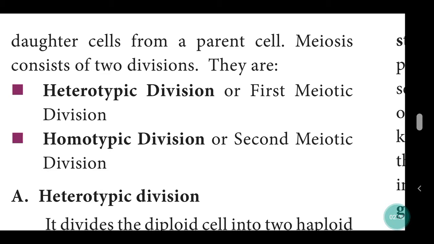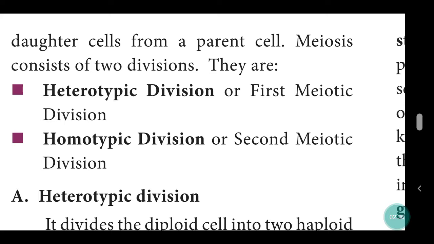But mitosis produces only 2 cells. The 2 cells also consist of the same chromosomes. What does the parent cell consist of? 46 chromosomes. The mother cell consists of 46 chromosomes. The daughter cell also consists of 46 chromosomes. Only 2 cells are produced in mitosis.